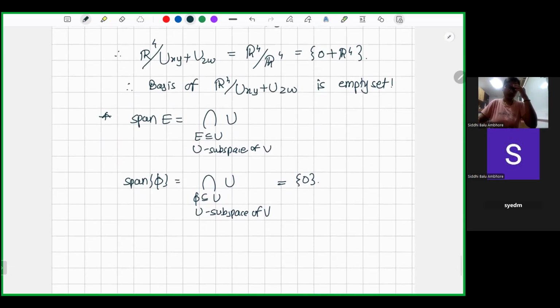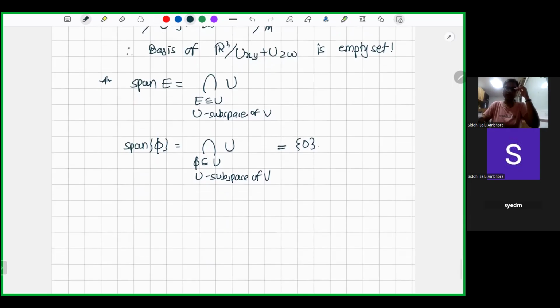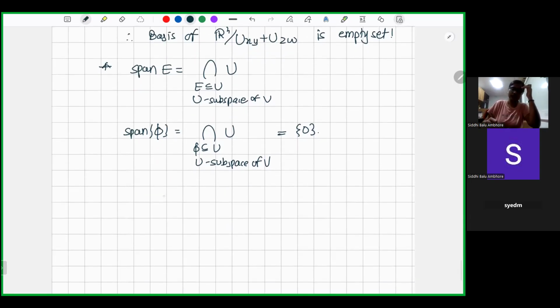Let me think. Can we say that 0 is generated by 0? I don't think so, because if I take a non-zero a, then a times 0 will be 0, and this is a non-trivial linear combination of 0 which is giving me 0. So by that sense, we cannot say that 0 is a basis of a vector space.